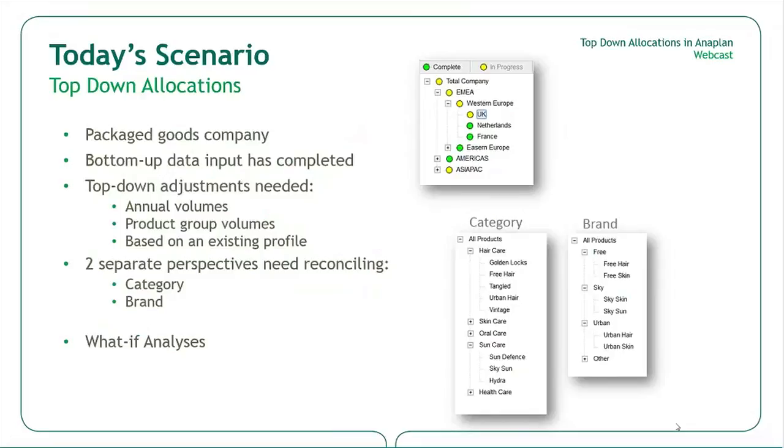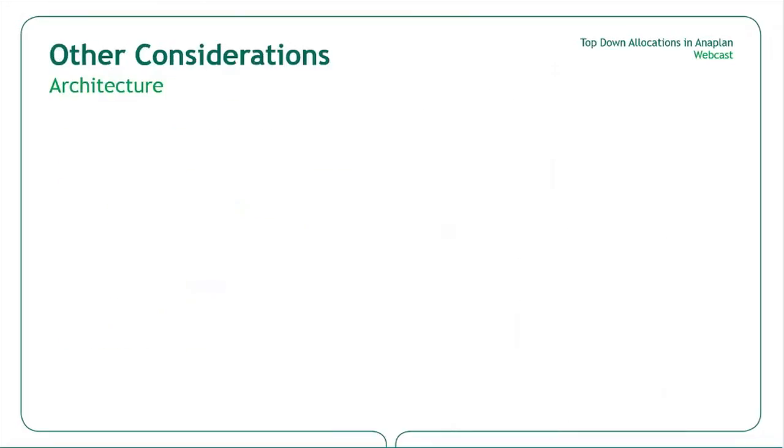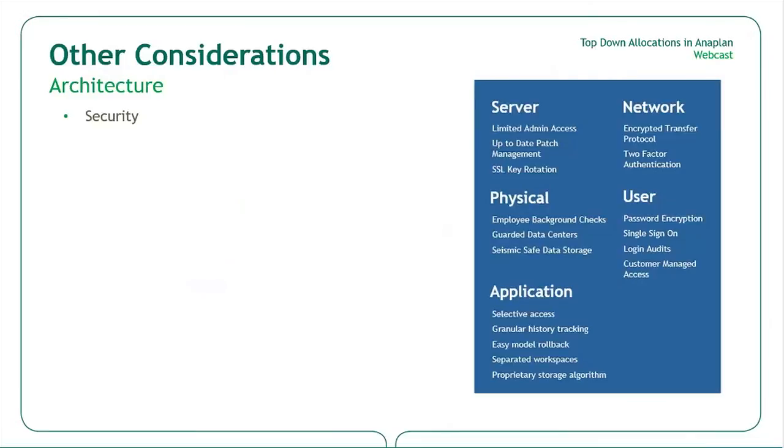There are a couple of other considerations I'd like to highlight before we close this webinar. So on the architecture front, security is always something that's a strong consideration when you're using any public cloud software. So if this is something that concerns you or your organisation, and I know particularly with financial organisations this is a major concern, I would probably encourage you to speak to Anaplan to understand all of the areas that they've addressed security in.